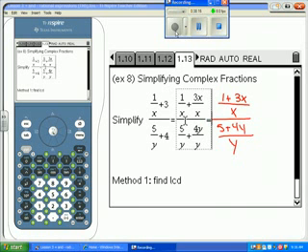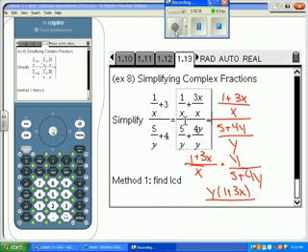What do we do? Keep, change, flip. So then all we would have left is to multiply this out: y times 1 plus 3x over x times 5 plus 4y.